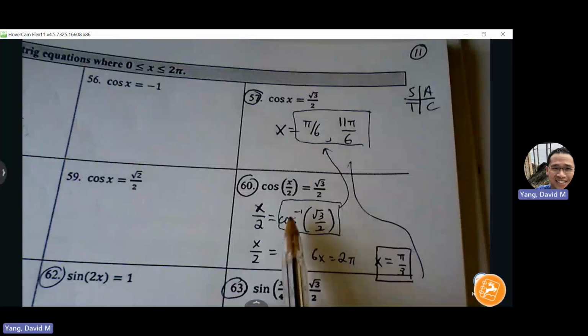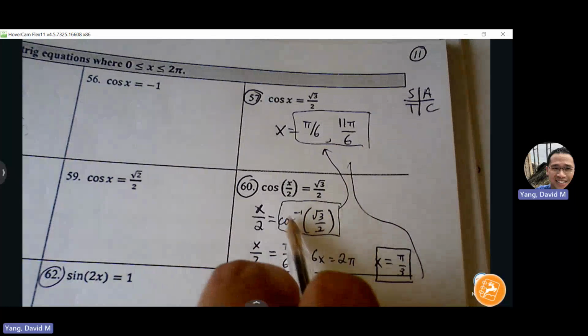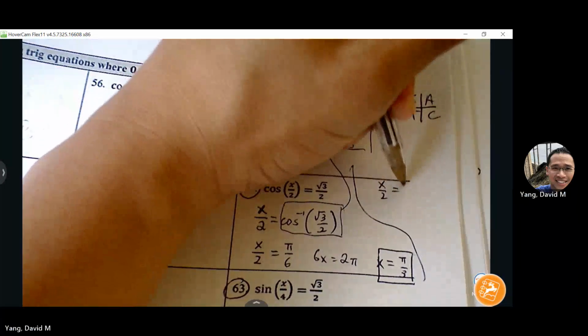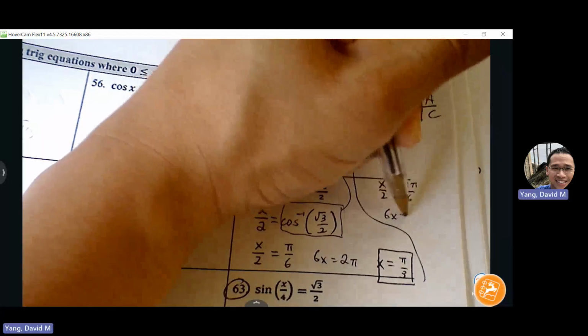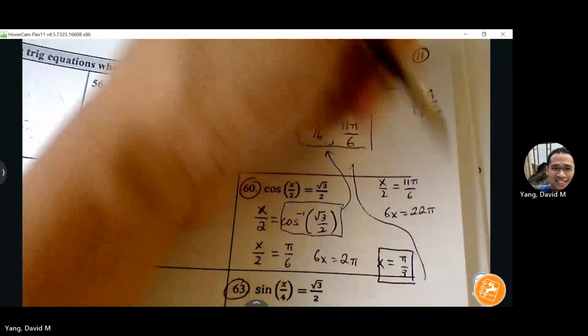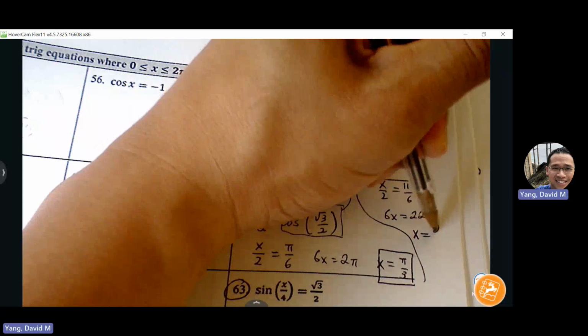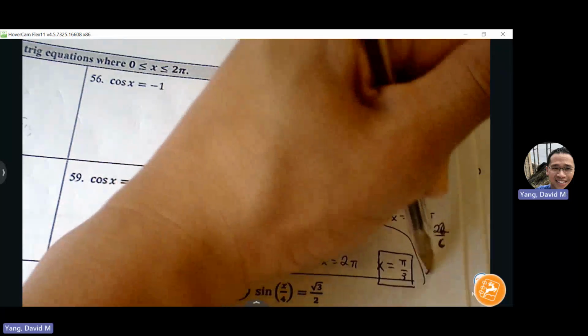The other solution is 11 pi over 6. I can replace 11 pi over 6 into this inverse cosine of root 3 over 2. Cross multiply, I get 6x equals 22 pi. Divide both sides by 6. 22 over 6, the same thing as 11 over 3.